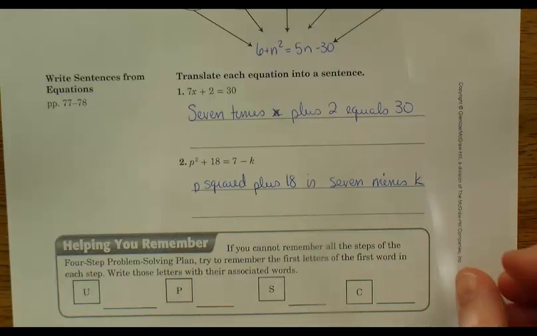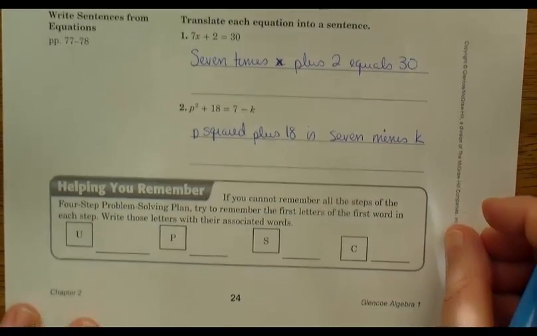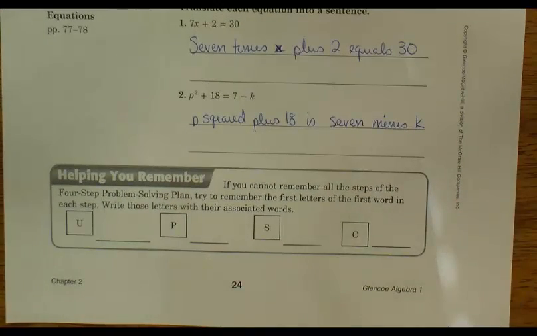Right. And then we have a 4-step solving problem plan that they talk about in the book. And we need to go back actually to chapter 0 to make sure we have those words that they're using.